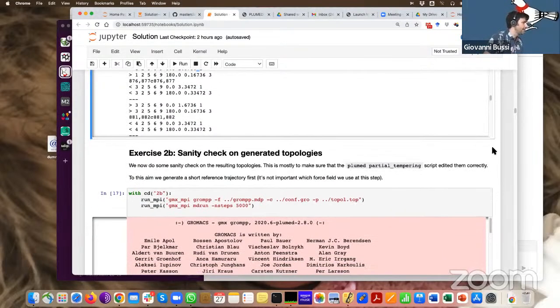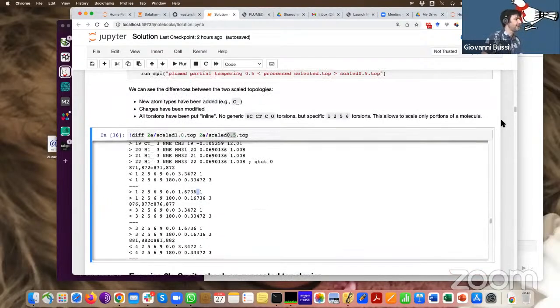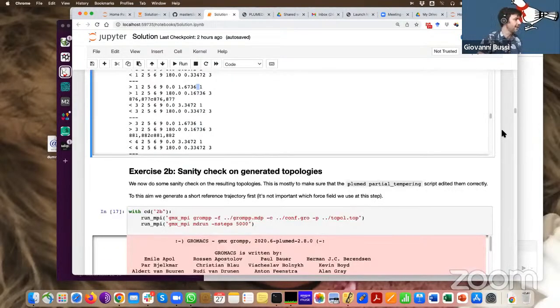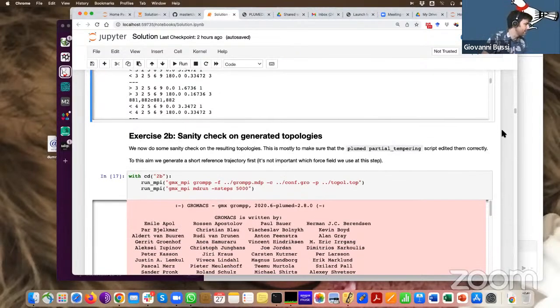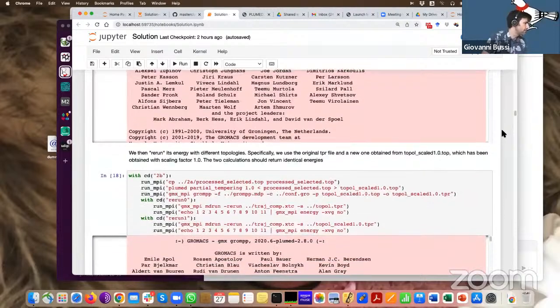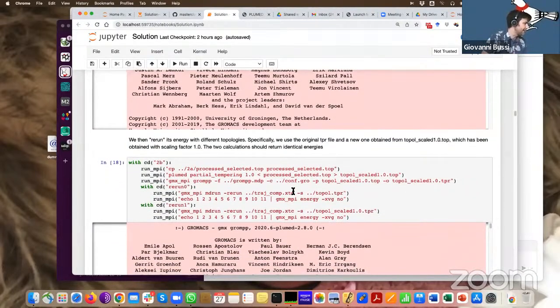Okay, what do I do next? So this is just to see if we can generate the scaled topologies. Then we can check if the topologies were scaled correctly. So the first check is rerunning with the scaled 1.0 topology. This topology has been scaled by a factor 1, so it should lead to an identical energy.